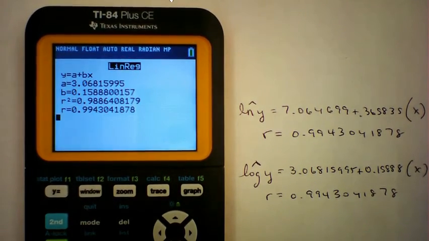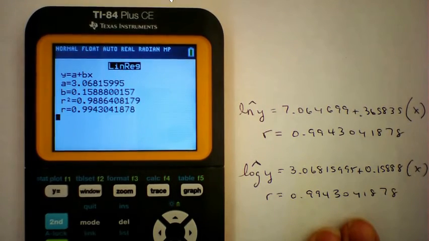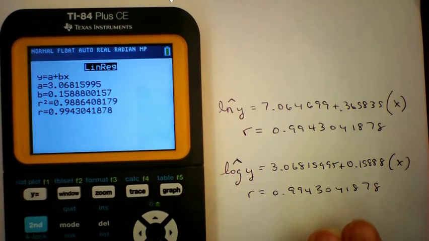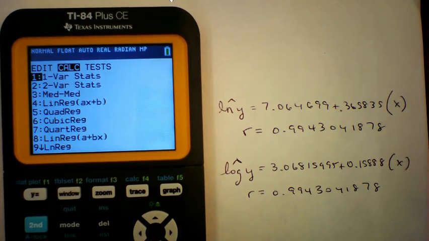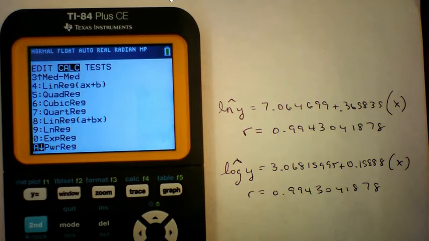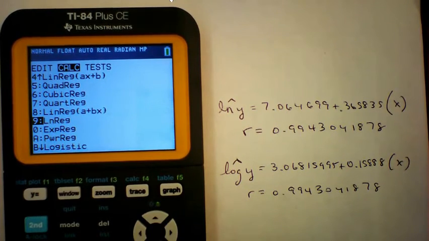And so that generates some equations here. We can also look at the residuals and all that to check, does this seem to make sense? But before I do that, I just want to try one other thing. If I go to stat calc, and if you look down the list here, there's actually a natural log regression and an exponential regression.